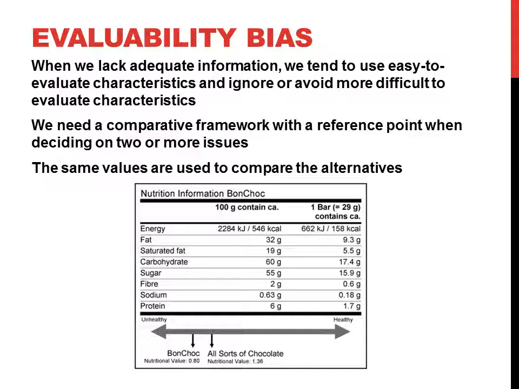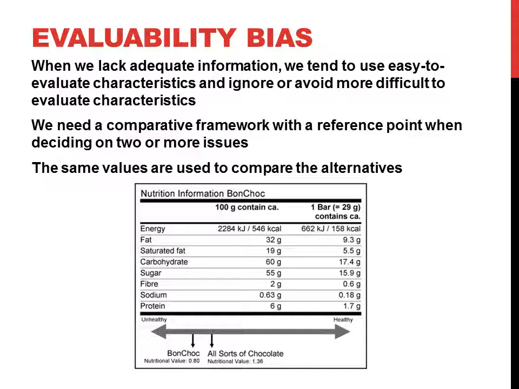When we look at nutrition information on a standalone basis, it's hard to compare it with other alternatives. Having the scale at the bottom shows us that we are able to look at two points, and these points are relevant.